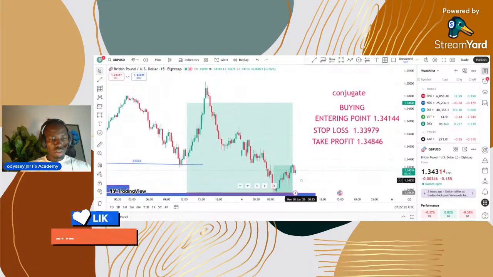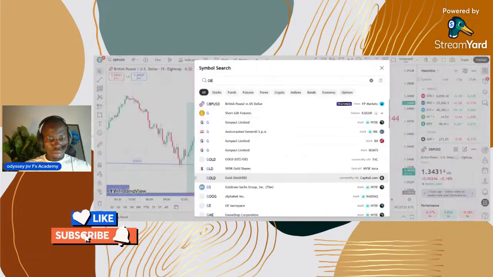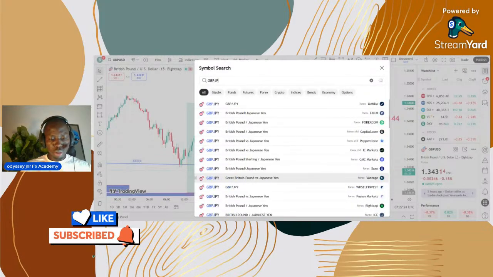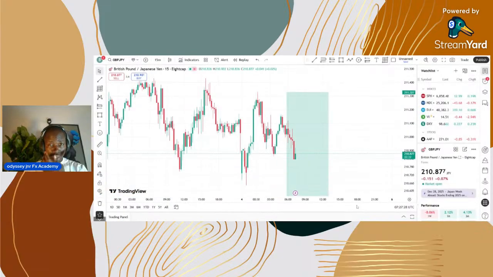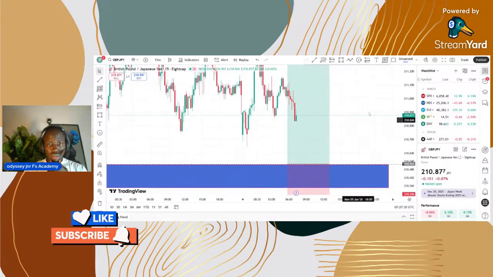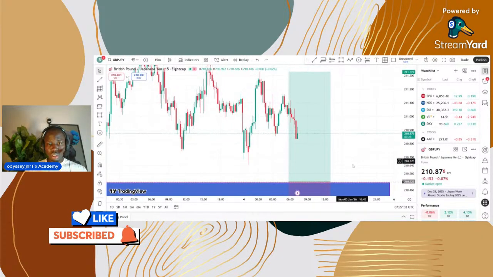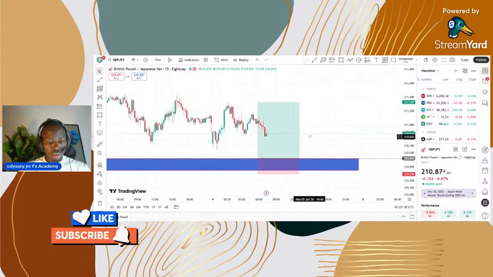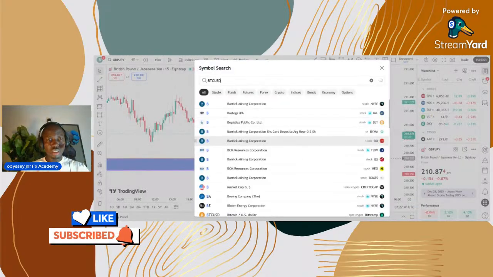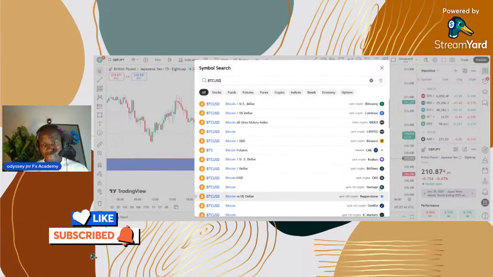So let's look at Great Britain pound JPY. Okay, it has now touched our other block. So let's look at BTC USD.